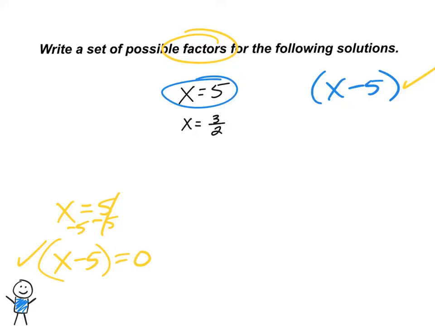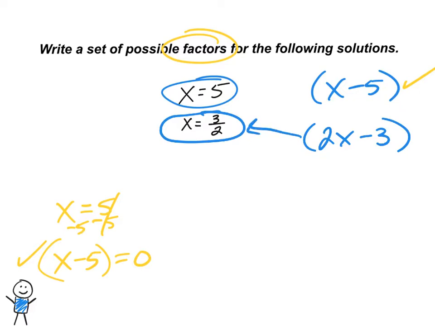Okay, let's take a look at the other example here. We want to write what the factor would be if my solution was 3/2. You may recognize from the pattern that 2x minus 3 is a possible factor that would give me this as the solution.